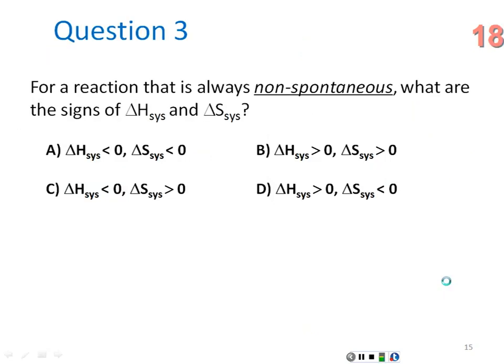Okay, let's do a couple of questions. For a reaction that is always non-spontaneous, what are the signs of delta H of the system and delta S of the system? So remember, this is always not spontaneous.